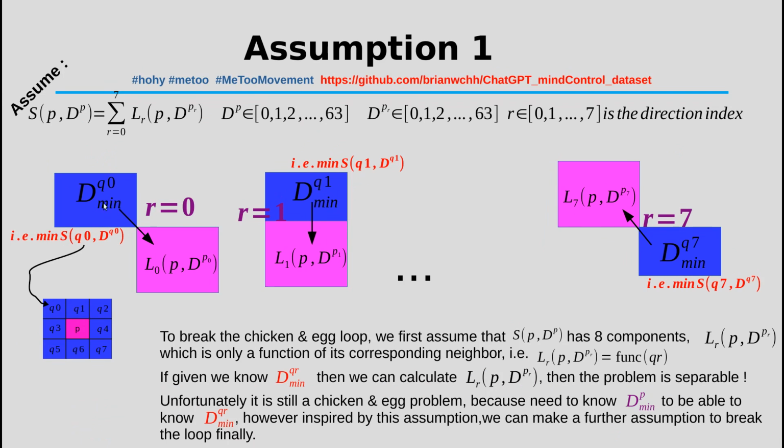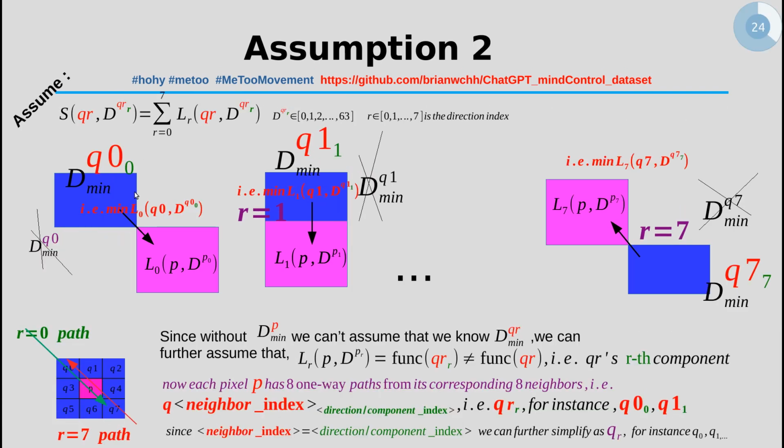In the previous assumption, we had to know the overall minimum of this neighbor Q0, the summation, not this component. Now we assume that we only use this component as a reference.